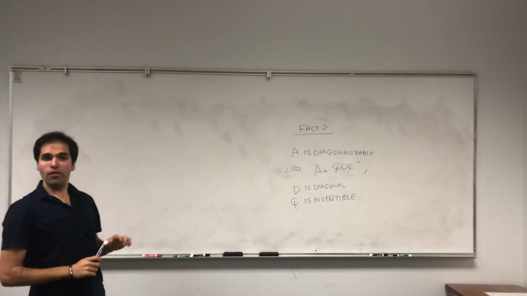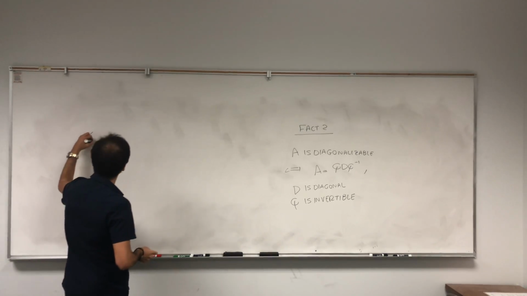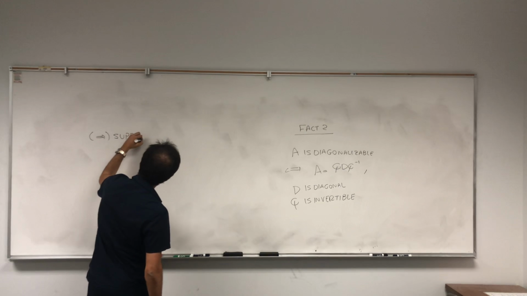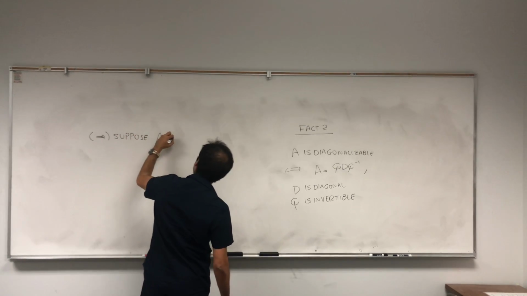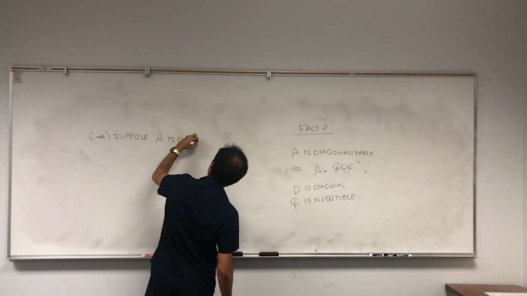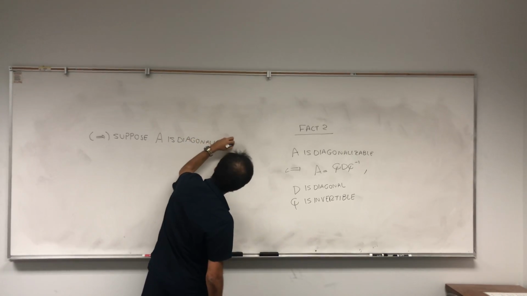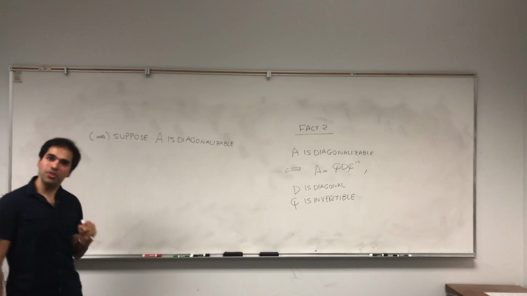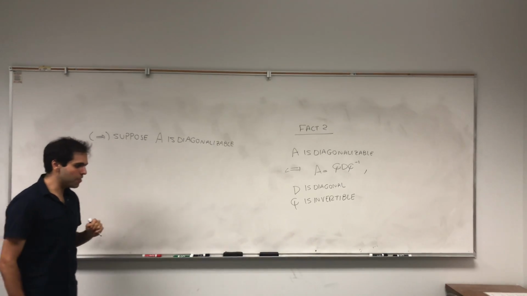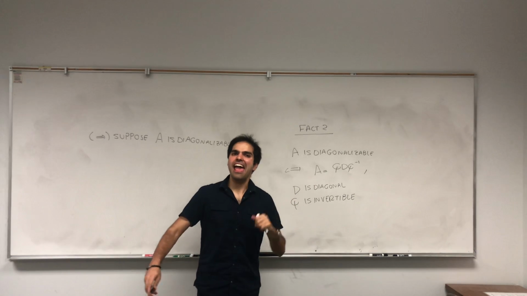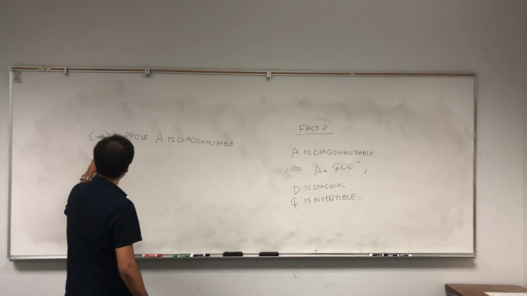Alright, so suppose first of all A is diagonalizable. Then let's not actually use the statement of eigenvectors. Surprisingly, you have to use the statement about LA being diagonalizable.